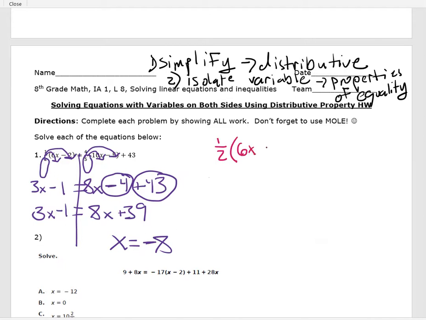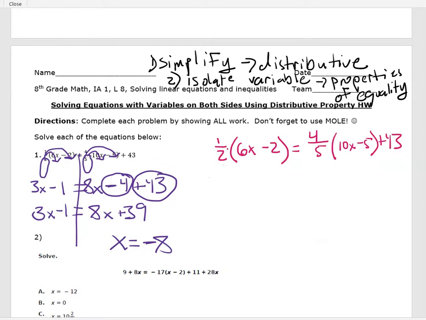Okay, so I'm going to say 1/2 (6x minus 2) is equal to 4/5 (10x minus 5) plus 43.